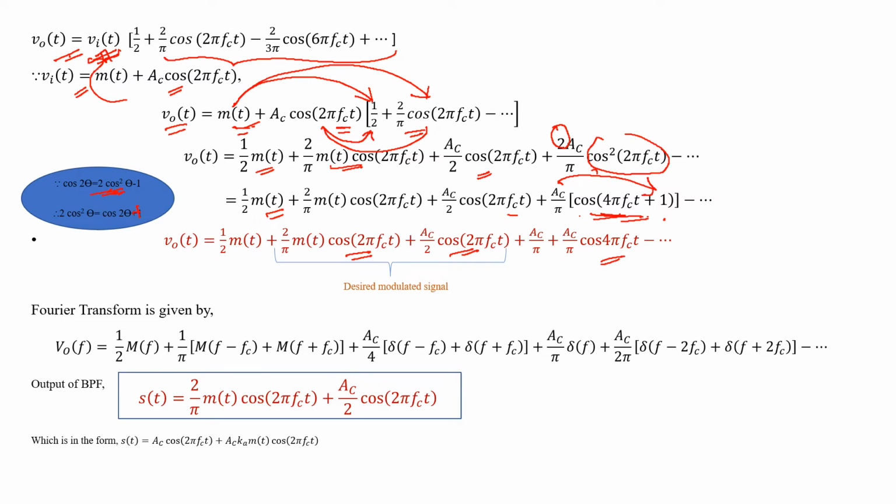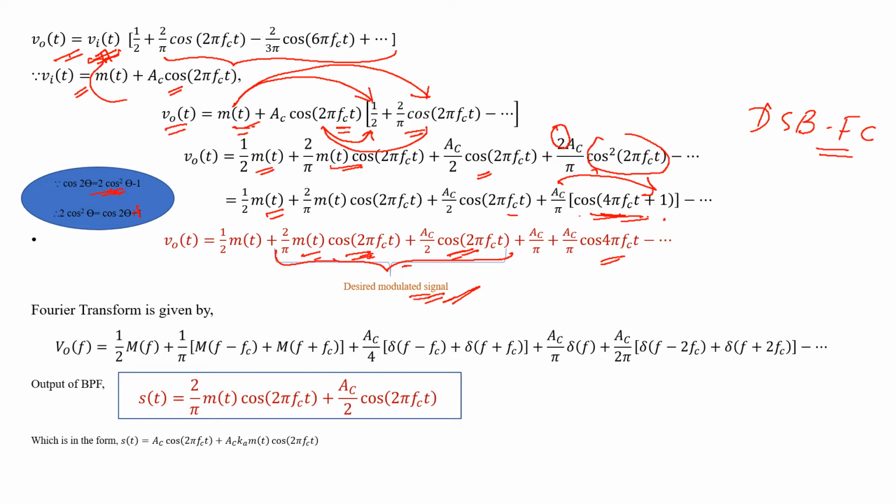Modulated signal should be having both the sidebands and your carrier signal, right? AM is also called DSB full carrier, double sideband full carrier system. So your second term and your third term are going to be your desired modulated signal, which is having m of t into cos 2 pi fct and your carrier signal as such. So this is your desired modulated signal.